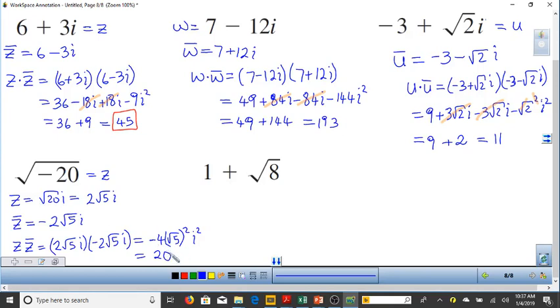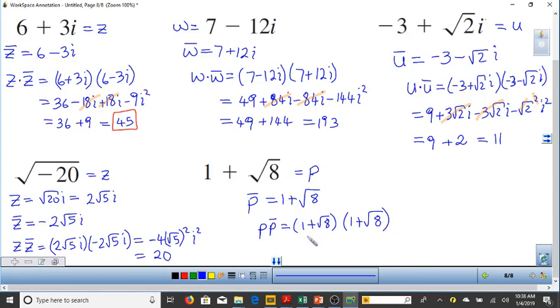And that's that. Then for this one, there is no i because that's not the square root of a negative. So if this is, say, P, then P conjugate is just itself, because the imaginary part is 0, and positive or negative 0 is the same result. So if we multiply the number by its conjugate, it's really 1 plus square root 8 multiplied by itself.